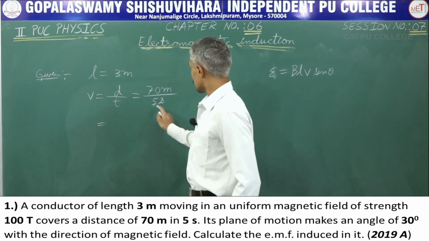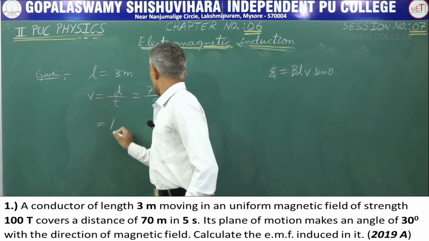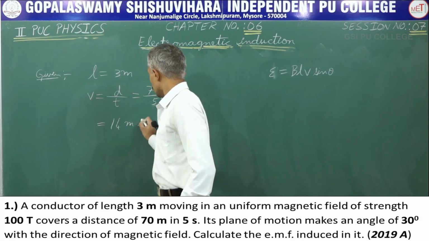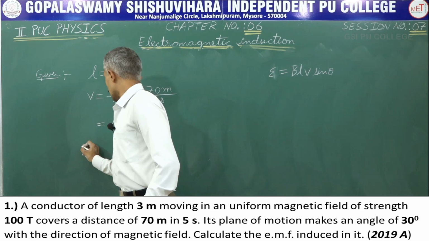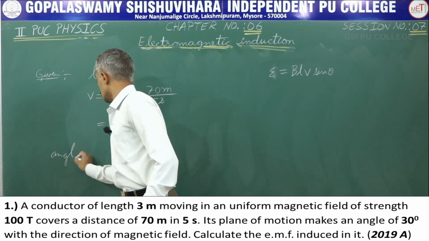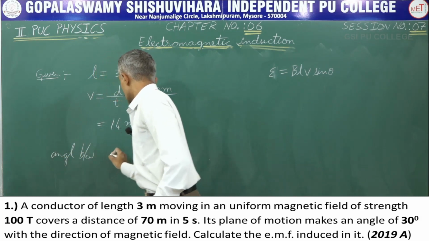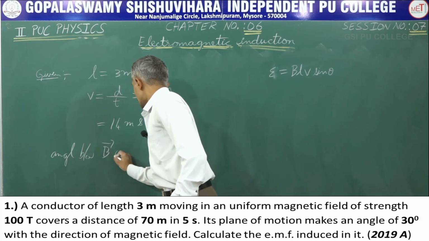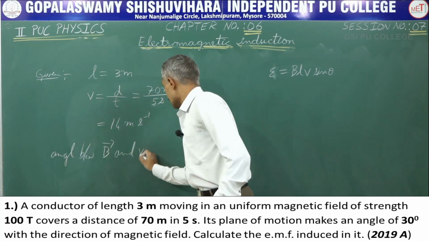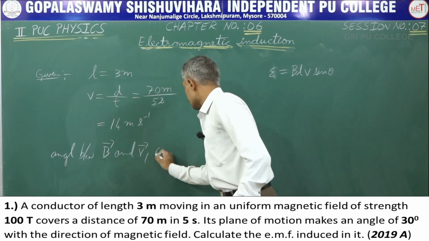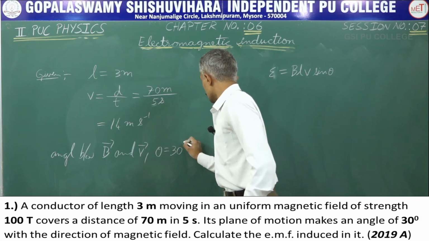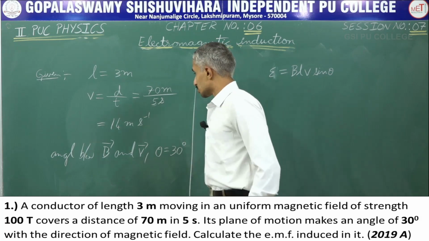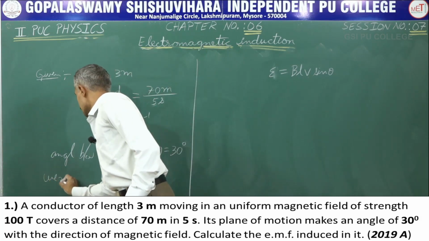So on simplification you will get this as 14 meter per second. They have also given the angle between the magnetic field and the velocity vector, which is theta, which is 30 degree. So we need to find the motional EMF.